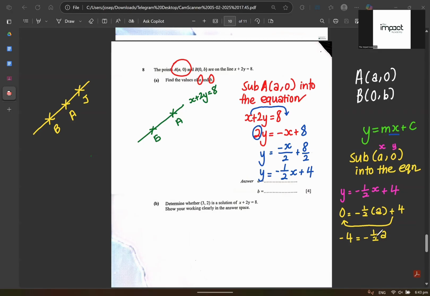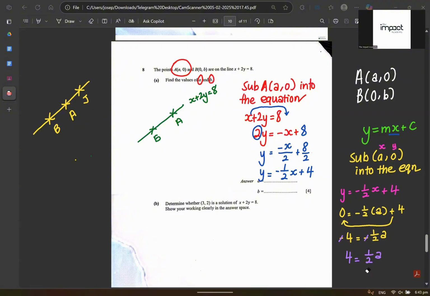Okay? Can you understand? Then what happens to the minus and minus? You want to cancel them away. Correct or not? So you get 4 equals to half a. Agree or disagree?